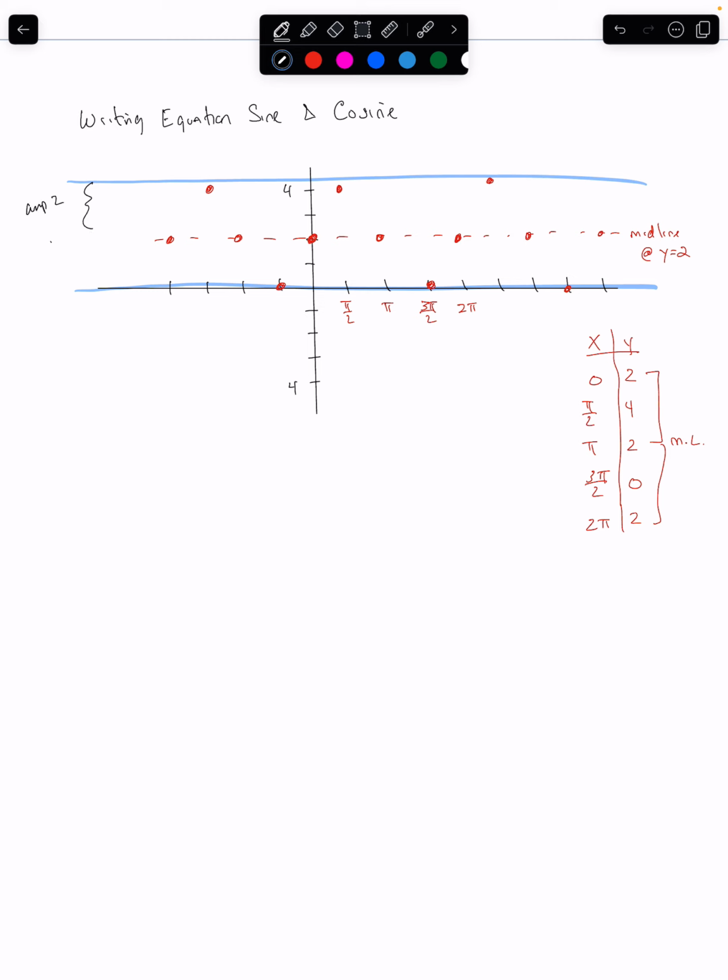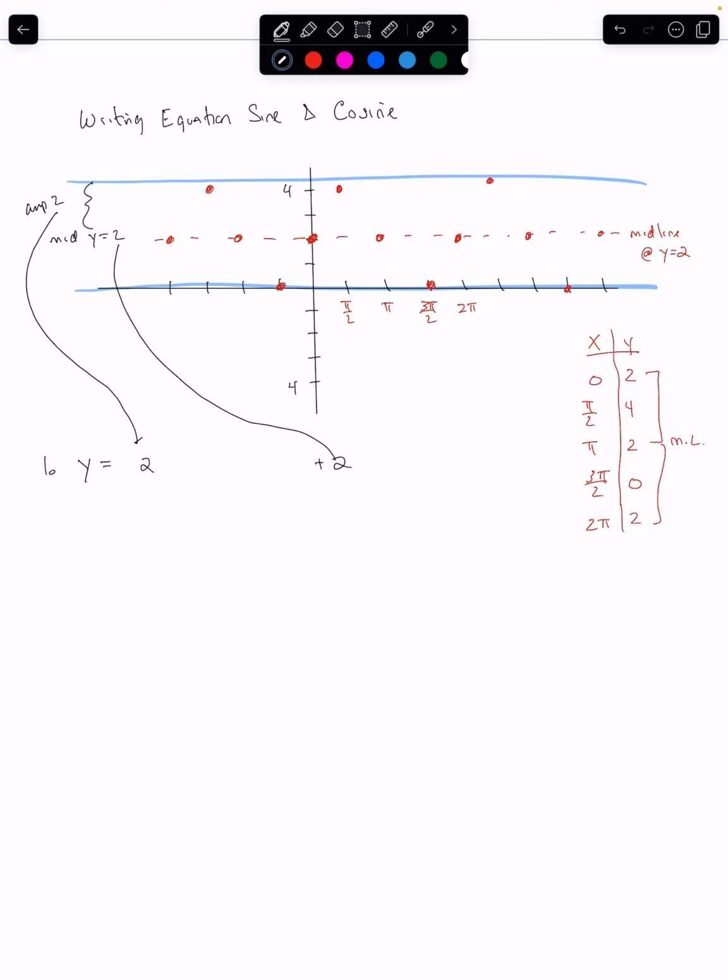Right, your midline is y equals 2. And for any equation you write, sine or cosine, y equals, your amplitude is always going to start your equation, and your midline is always going to end your equation.